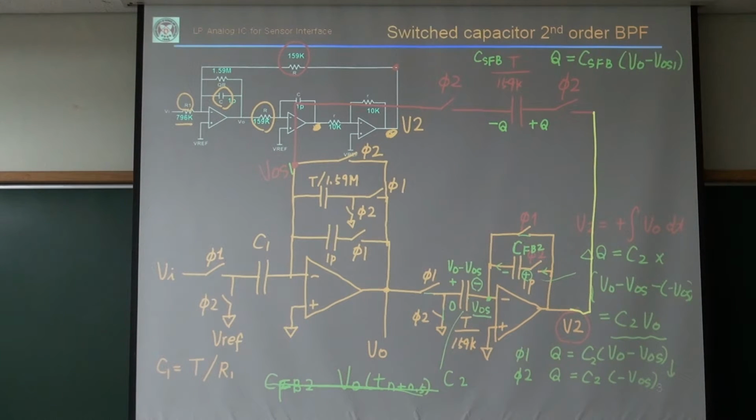So I need to pump this capacitor into this feedback capacitor such that minus Q must be developed there, because this is an inverting integrator, right? There must be minus Q on the right-hand side, plus Q added on the left-hand side. So this plus Q must be pumped there, right?